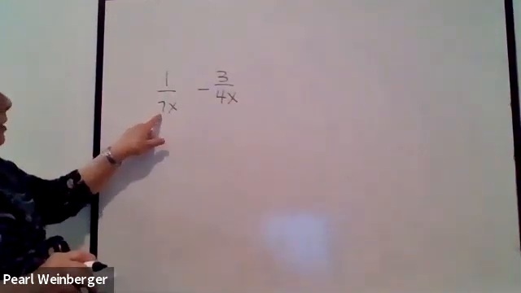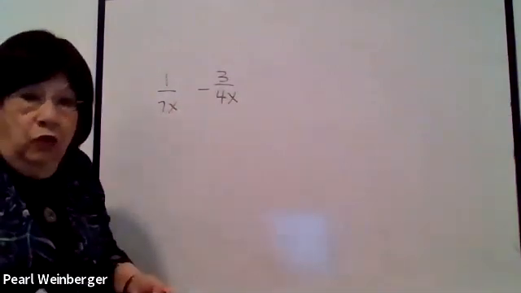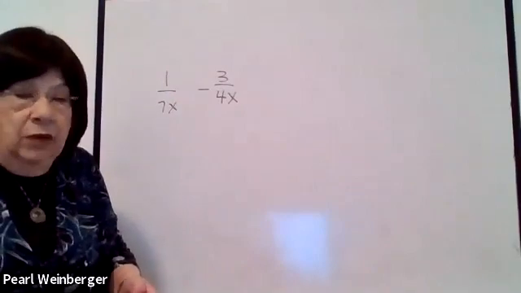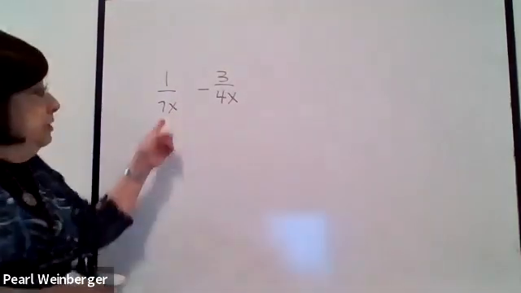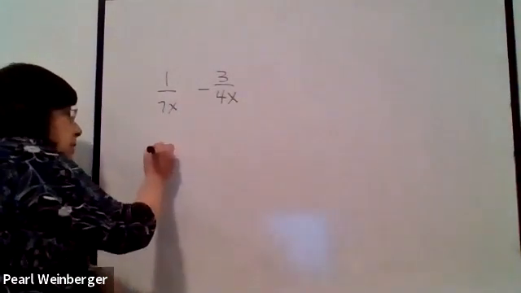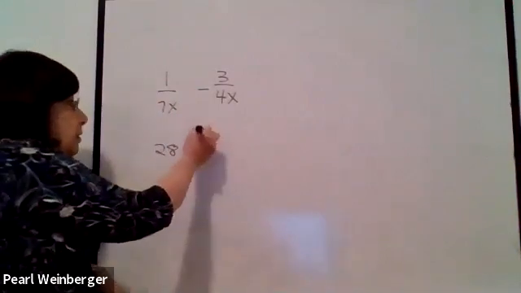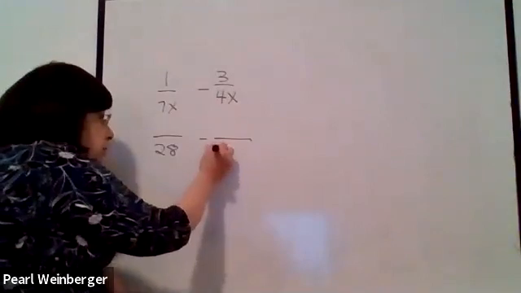So you first think, what number will both 4 and 7 go into? And hint, if you can't think of any number, just multiply the 2 numbers together. 4 times 7 is 28. 28 will certainly work. 7 divides into 28, and 4 divides into 28.